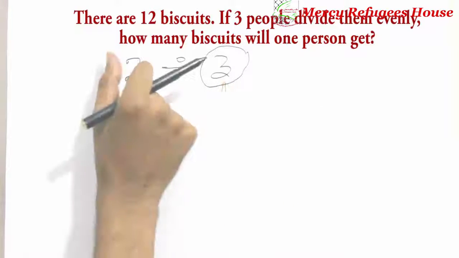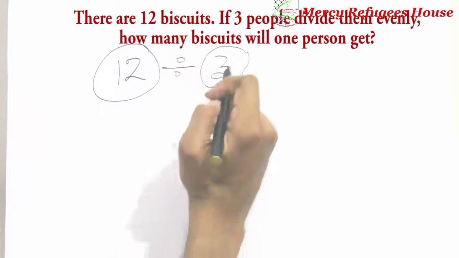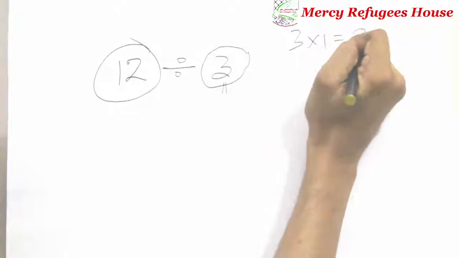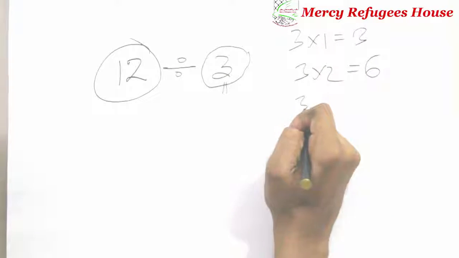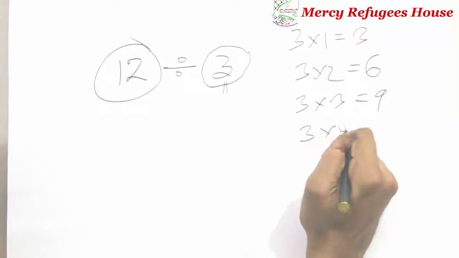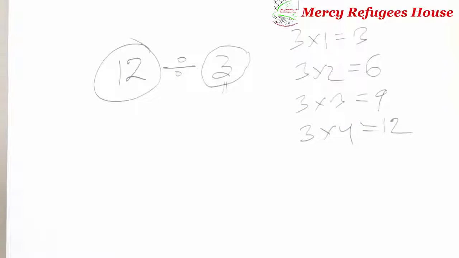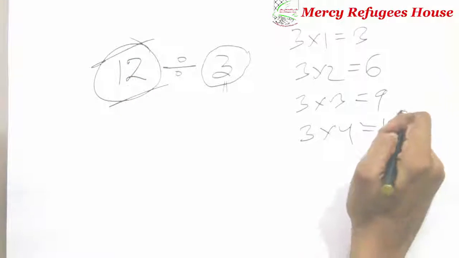Now to get the total number here, 12, using the 3, we can get 3 times 1 equals 3, 3 times 2 equals 6, 3 times 3 equals 9, 3 times 4 equals 12. So we are using the multiplication table of 3 until we get this total number 12.